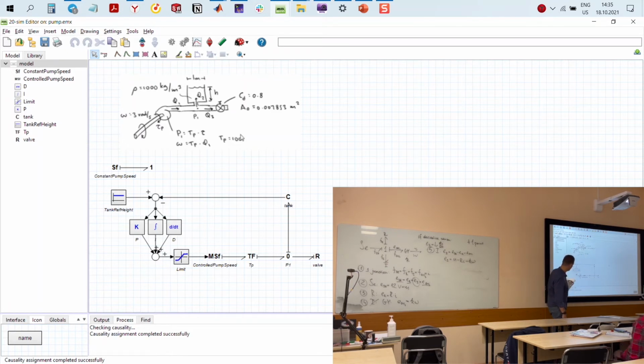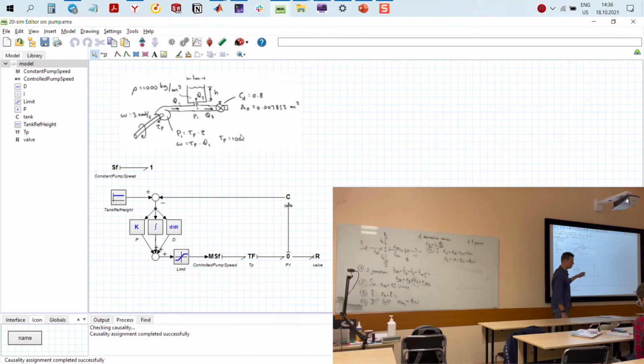Here you can see a simple PID control that modulates how much torque you need to apply to your pump in order to change the level of water in the tank. And it's not something that would be easier to model if you do not use bond graphs.